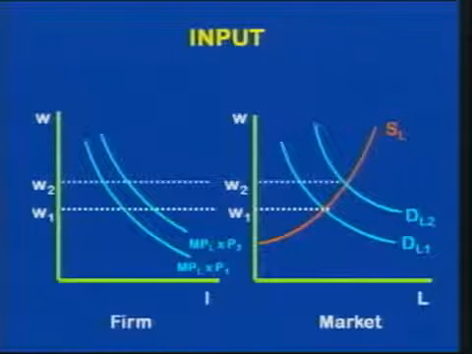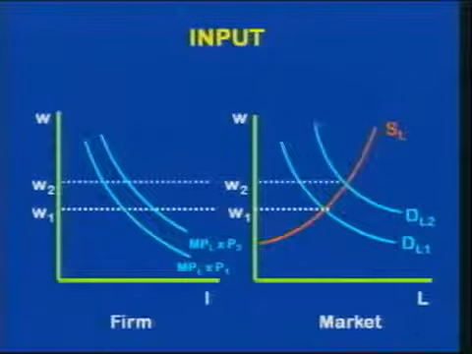Essentially, now that the price of the good is higher, the value of hiring workers goes up. Each worker's product is more valuable, and that's going to play through in the input market. So what happens here is each firm's demand curve for labor increases. That then increases the market demand for labor, which then increases the wage rate.